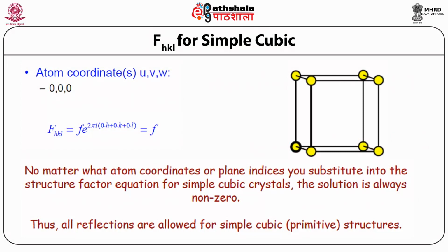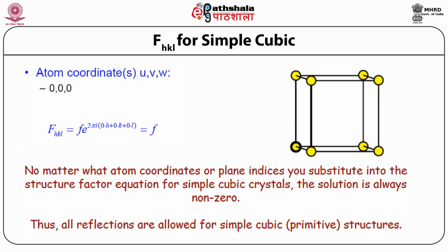F_HKL of a simple cubic lattice. Here is an example in front of us. We have a simple cubic lattice, as you can see on the right hand side, and here we have calculated its structure factor, and the atomic coordinates are shown: 0 0 0.